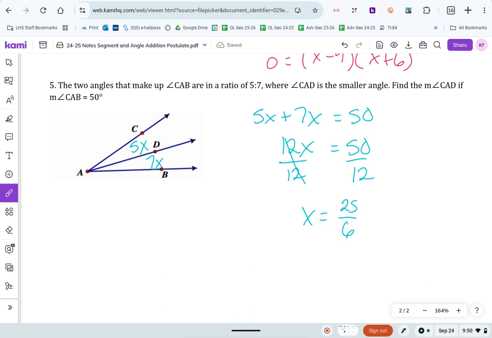Okay, and we want to find angle CAD, which we said is a smaller angle, so that means it has 5 pieces. So it gets 5 of the pieces that are 25/6, which means its angle is 125 over 6 degrees. I'm just going to leave it as a simplified fraction like that instead of converting to a decimal.